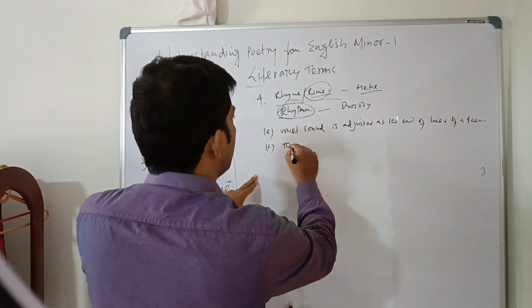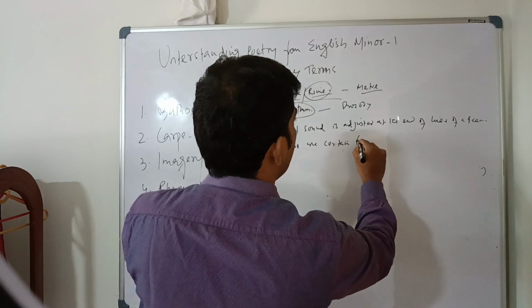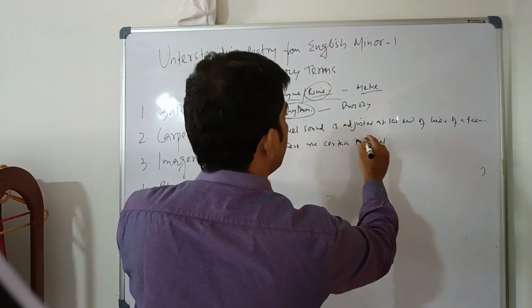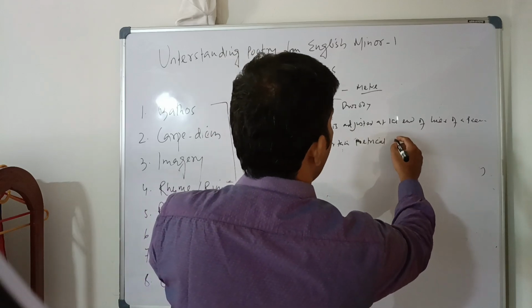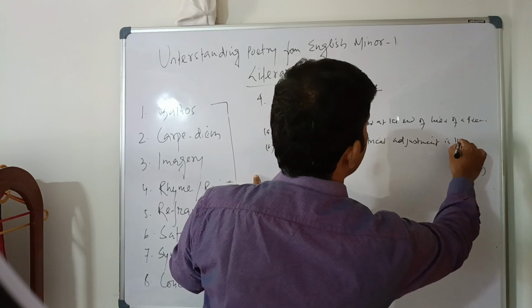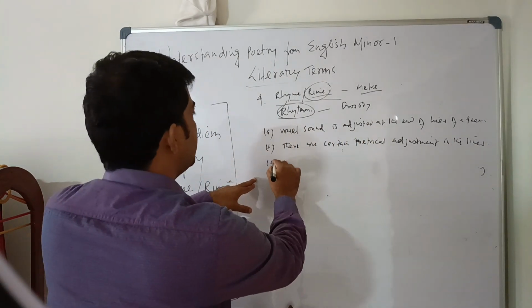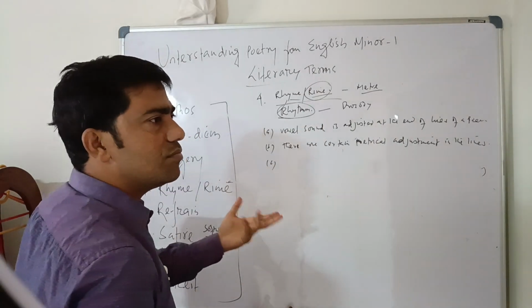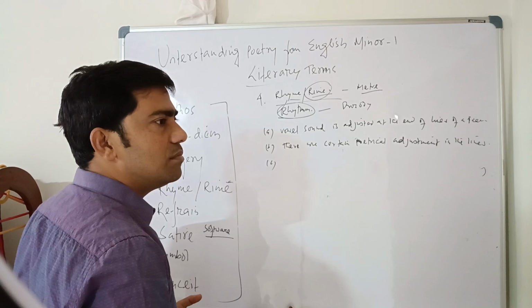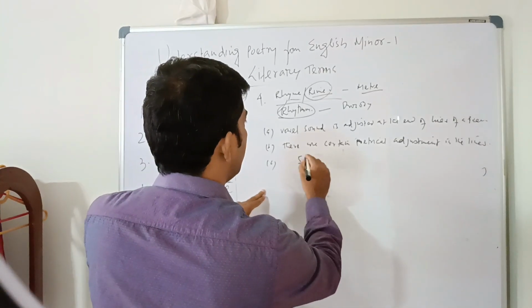There are certain metrical adjustments in the lines, and rhyme is divided into many varieties, mainly five.